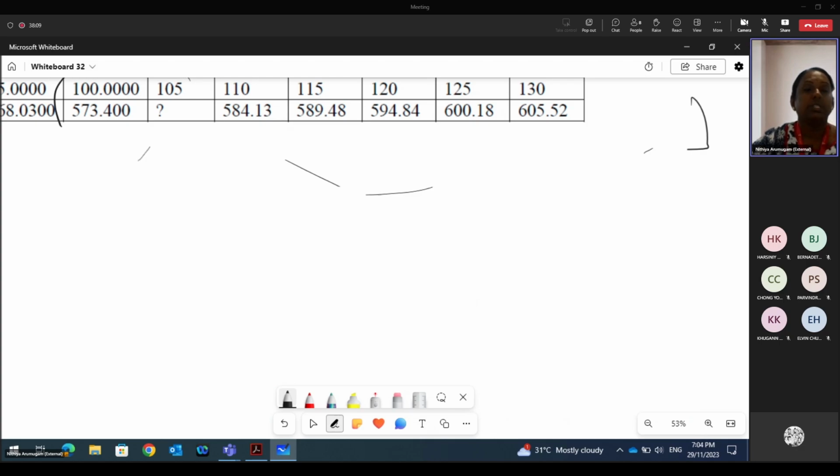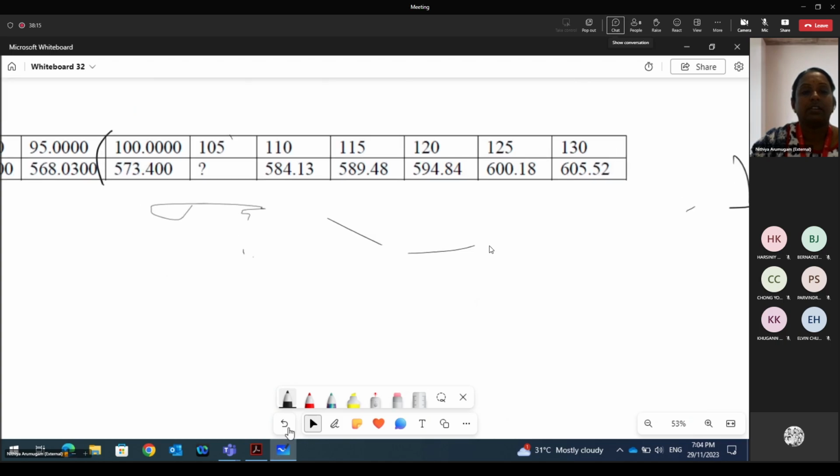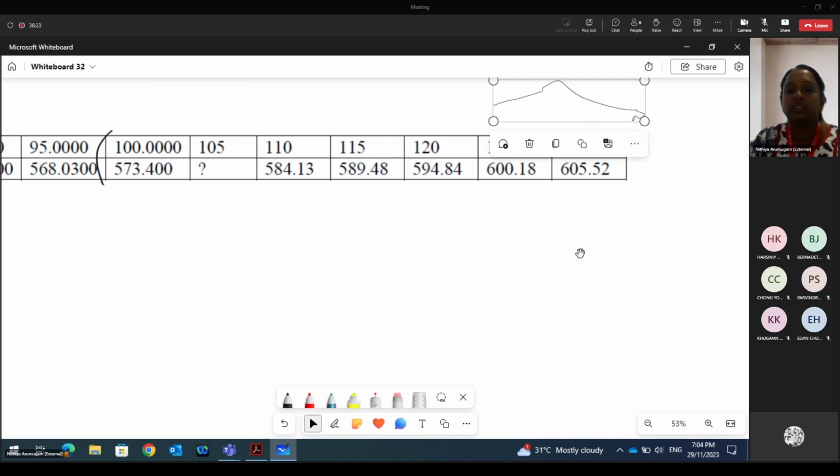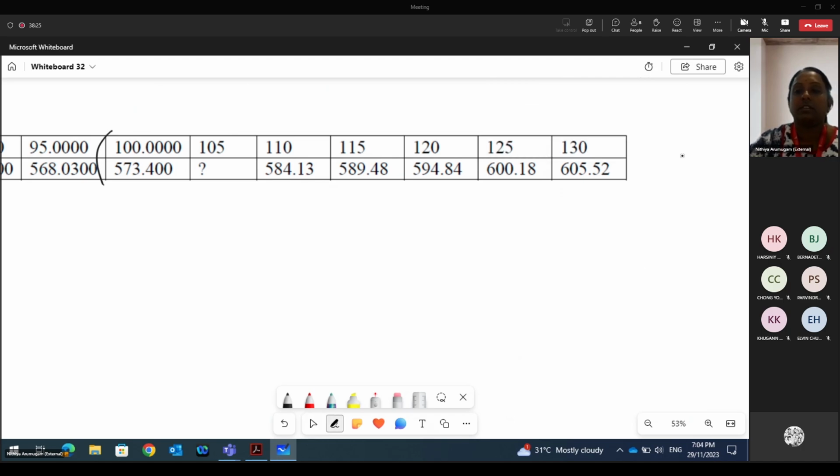So 100 to 130. If you notice, the 100 here is the T1 and here 130 is the T2.